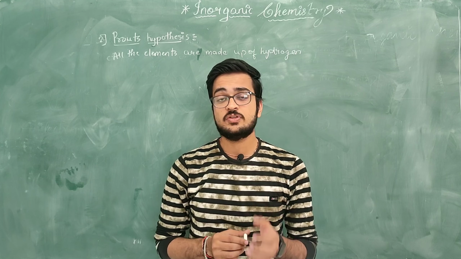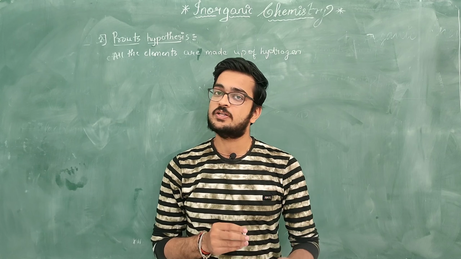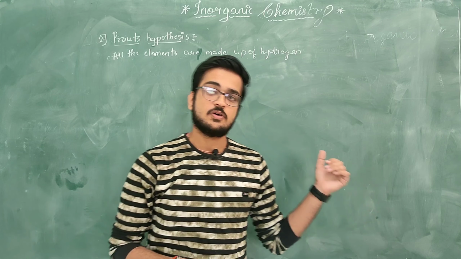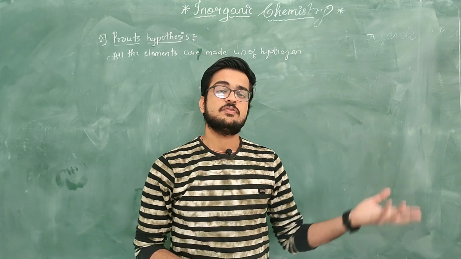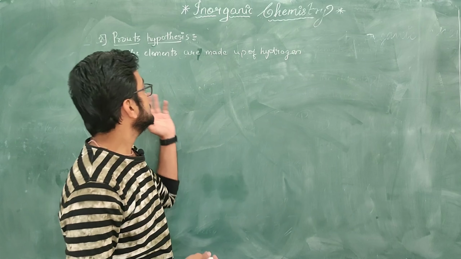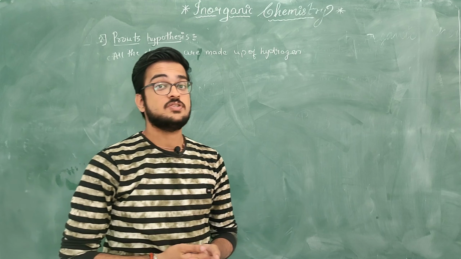But obviously each and every hypothesis put forth by the scientists is important, and even these things are important in our further chemistry. So he said that each and every element is made up of hydrogen, but it's not so.